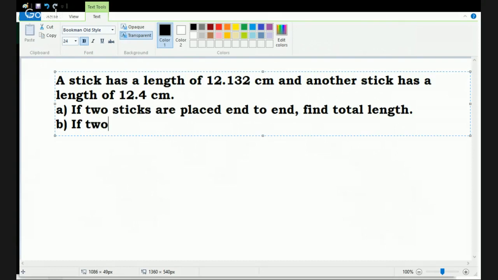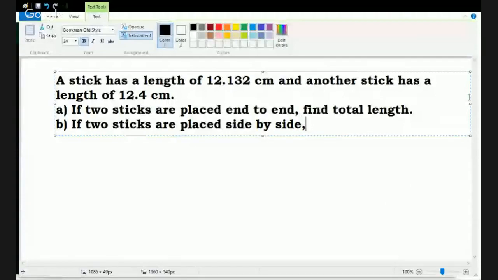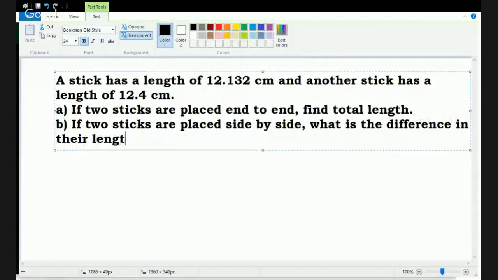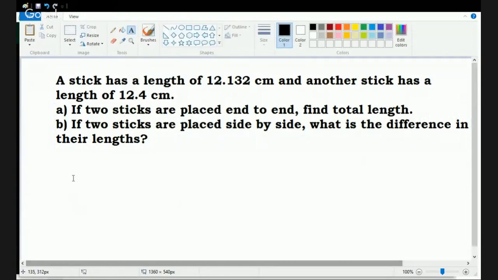If two sticks are placed side by side, what is the difference in their lengths? Come on, these two try to answer, taking significant digits into account, do that job.